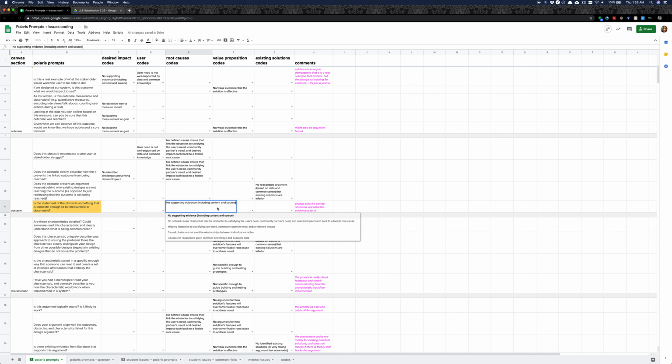Whereas the way the Polaris prompt is actually designed and written, it's designed to help a student think about how they're planning. So it's asking them if they believe the obstacle is something that could be measurable or observable. So it's actually helping them think about if they need to refine their obstacle to improve its measurability before they do the task of measuring whether that obstacle actually exists for the user.